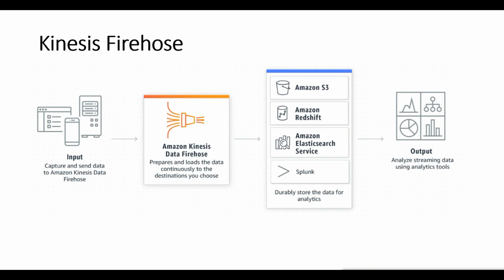So Firehose prepares and loads the data continuously to the destination you choose, and then sends the data to Amazon S3. It cannot send the data directly to Redshift, so you send the data to Amazon S3, and from there it can go to your Redshift, or you can send the data to the Elasticsearch search cluster or search service.